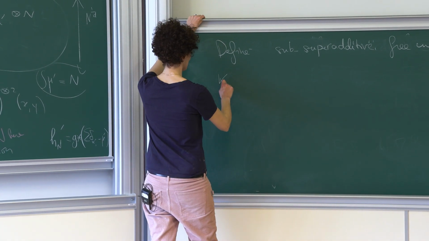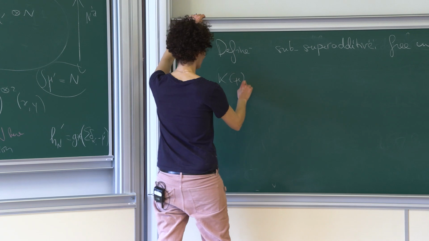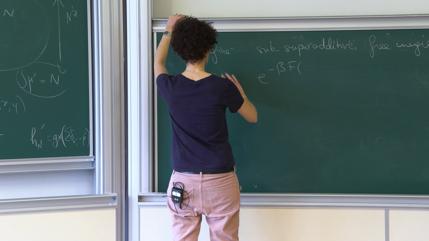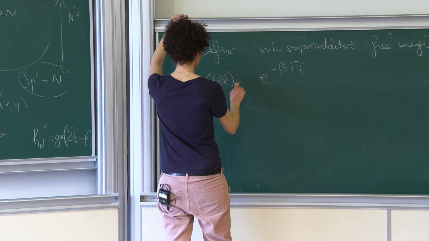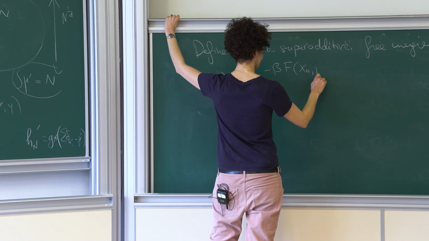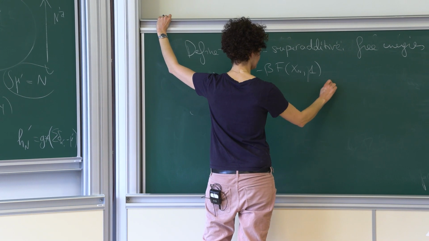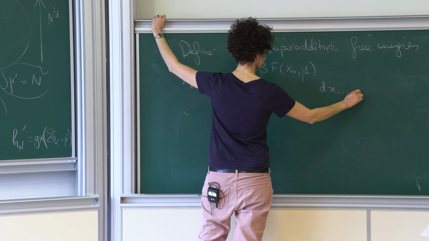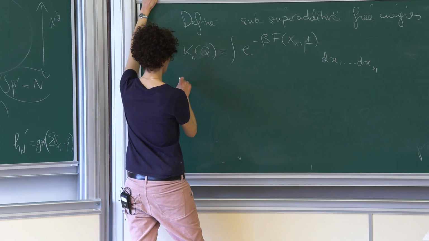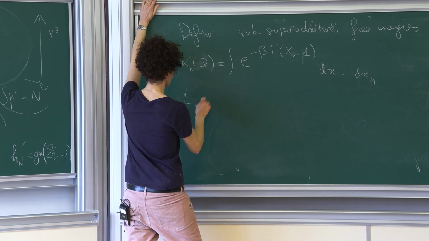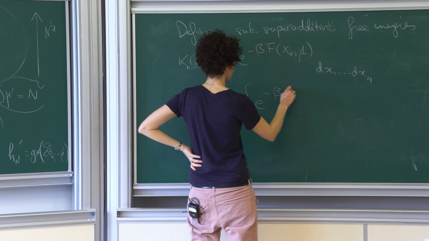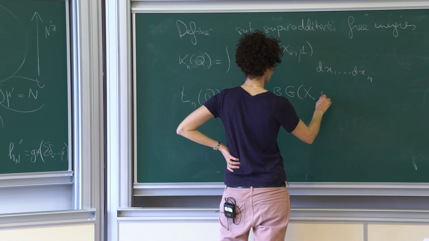So what is going to be? So K would be the one where you put F. So K of Q. So that works only for neutral configurations. And the other one I'm going to call N, L. And this one is not necessarily neutral. And it's going to have the other energy.